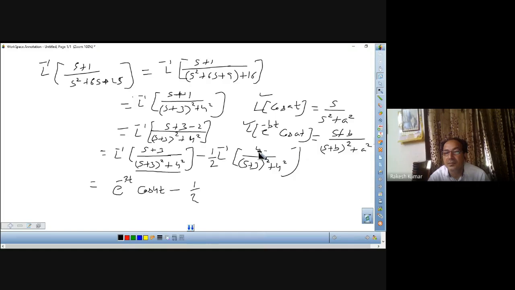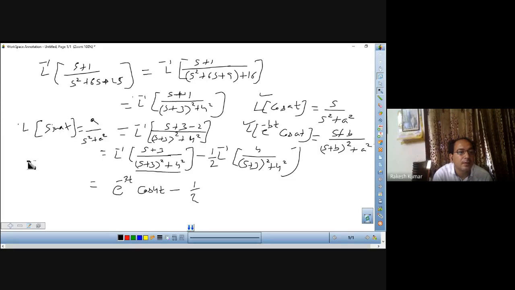But in case of a constant in the numerator, we will use the formula of sine, and the formula is Laplace of sine at is a upon s square plus a square, and if we multiply it with exponential e raised to power bt sine at, then the formula becomes a upon (s minus b) square plus a square.